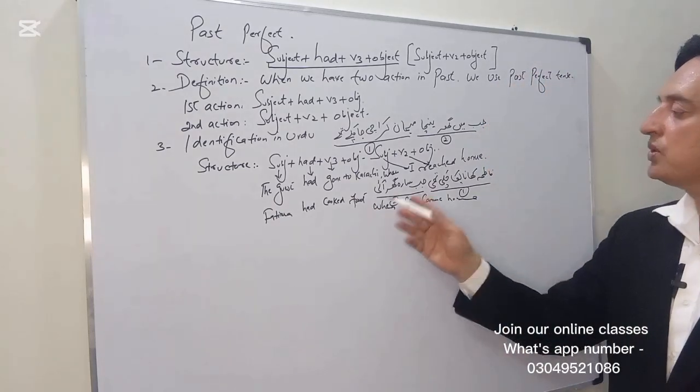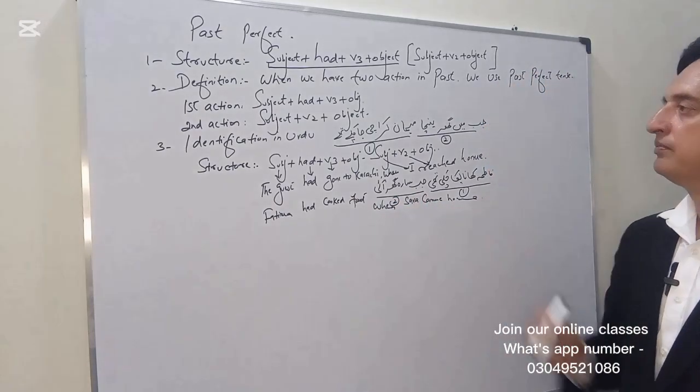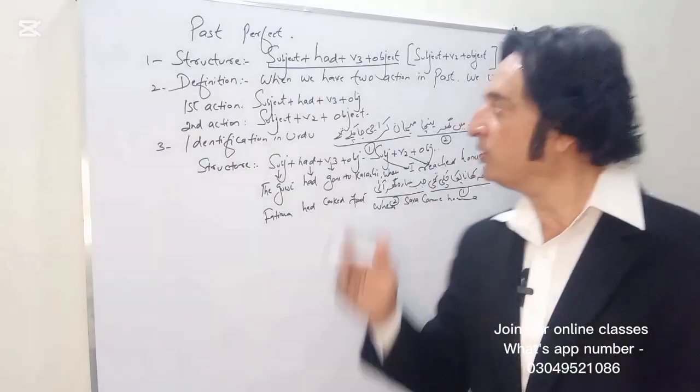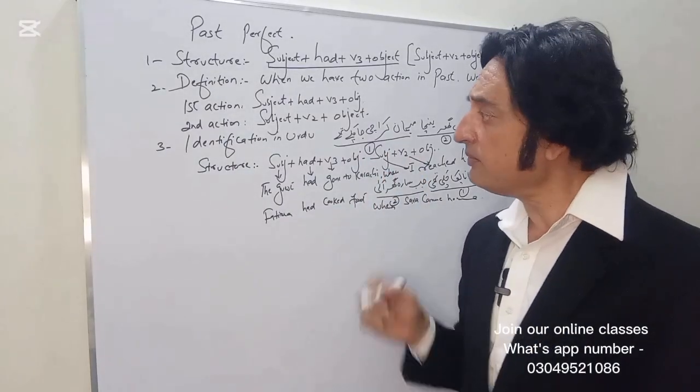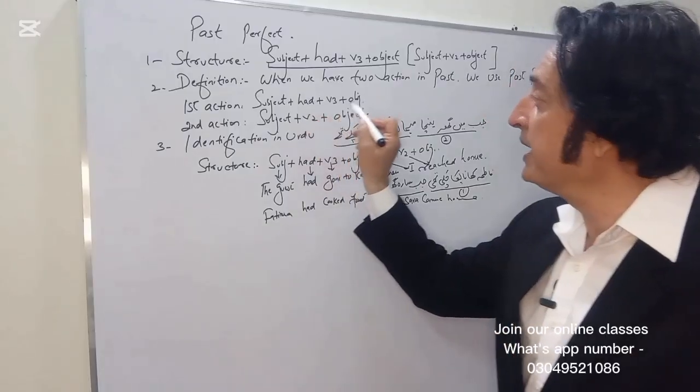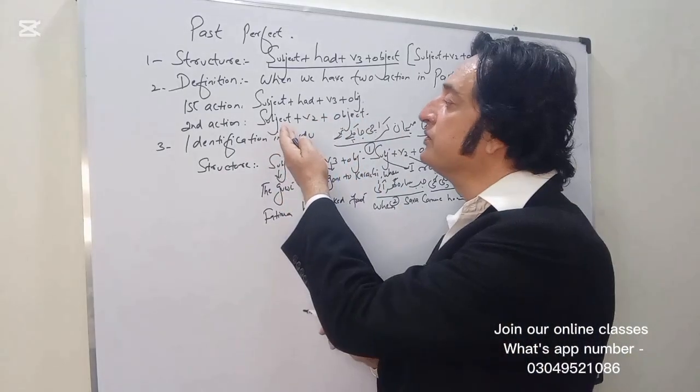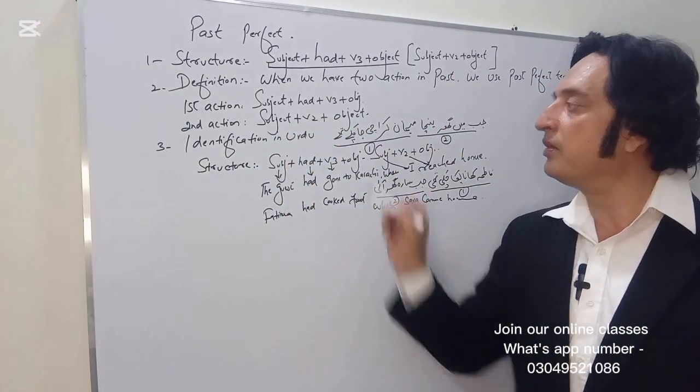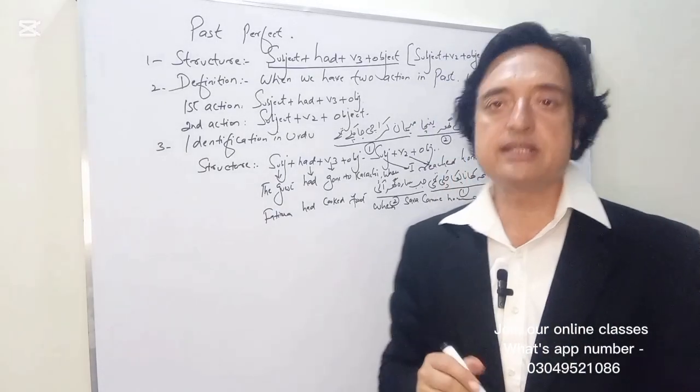So: Fatima had cooked food when Sarah came home. It is so simple. You only need to understand the actions. For the first action we use subject, had, and verb third form, and for the second action we use subject plus verb second form, which is past simple, plus object.